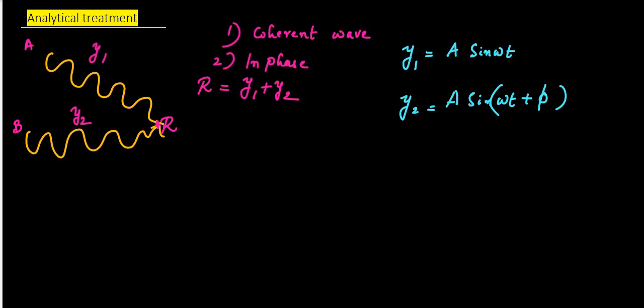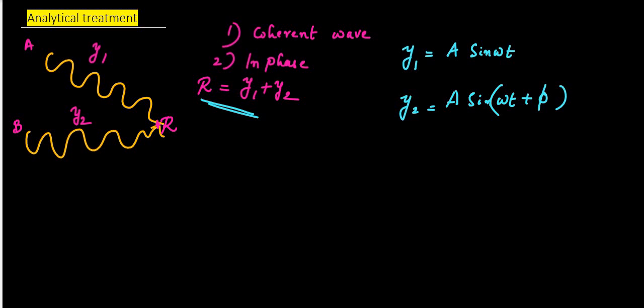So we have the equation according to the superposition principle. The resultant when these two waves are in phase is y1 plus y2. We have already represented y1 as a sin omega t and y2 as a sin of omega t plus phi.